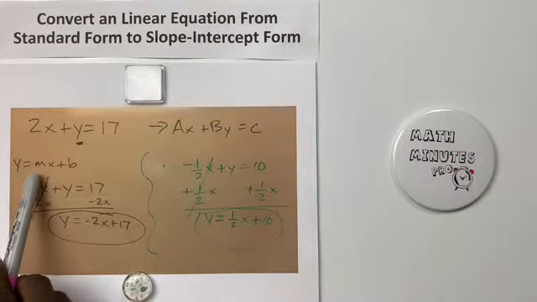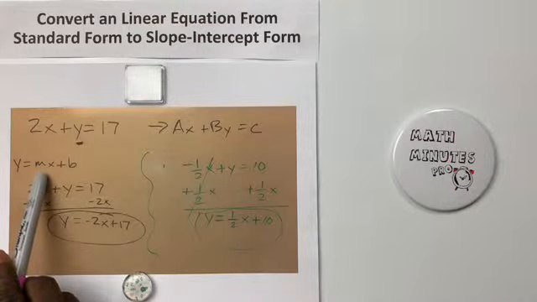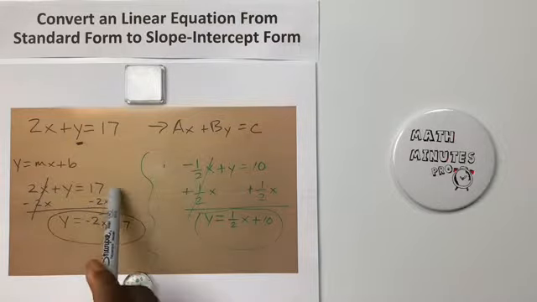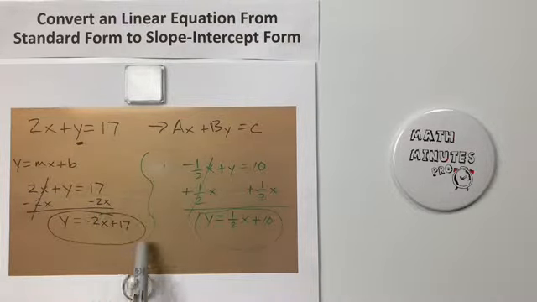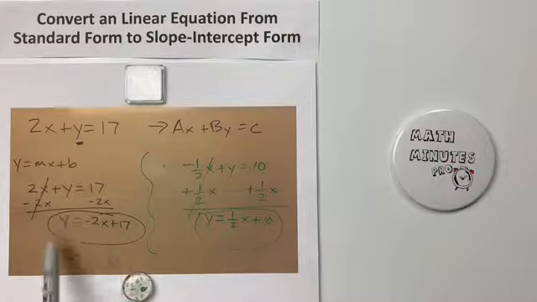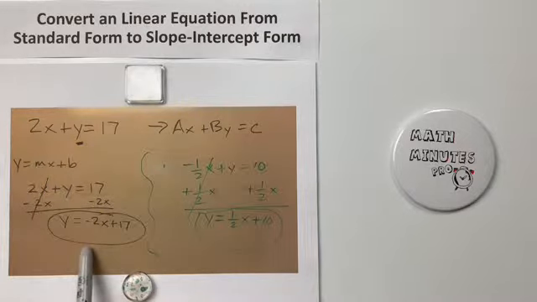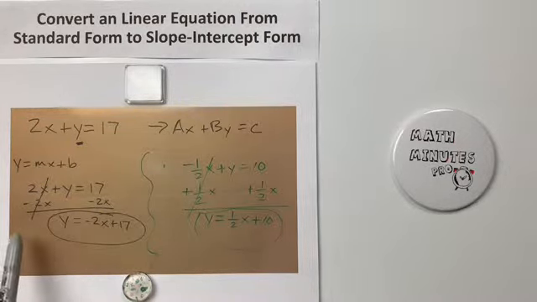And since slope-intercept form has the slope coming first, we're going to bring down negative 2 times x and then plus 17. So we have successfully converted a linear equation from standard form to slope-intercept form. Okay, and we were using the inverse operation, the subtraction property of equality, to solve for y.